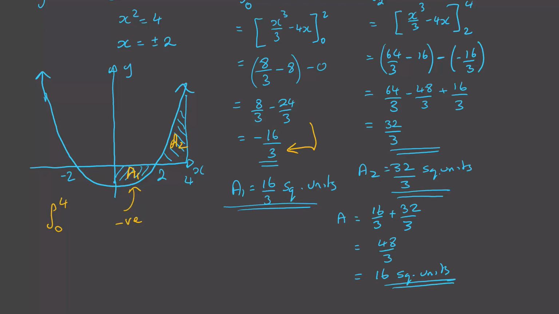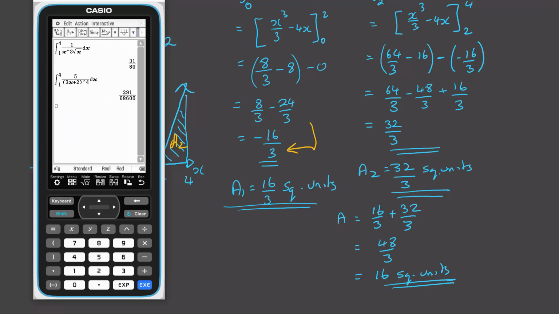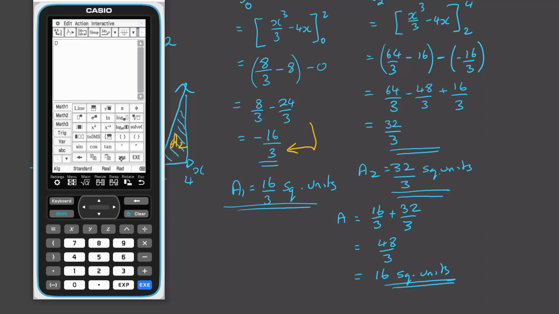Now there is a trick on the ClassPad which I can show you for doing that all at once. So what we would do is make use of the modulus function. So what I'm going to do is the integral, and I will go all the way, as I said, because I could do it all at once, from 0 to 4.